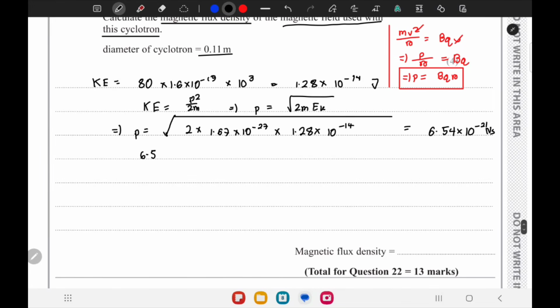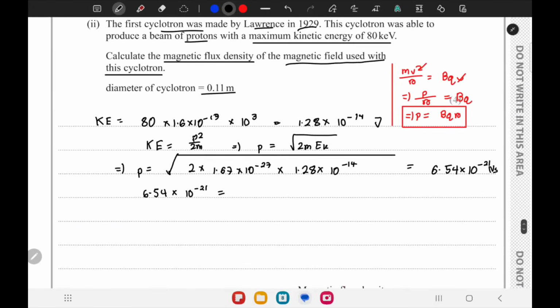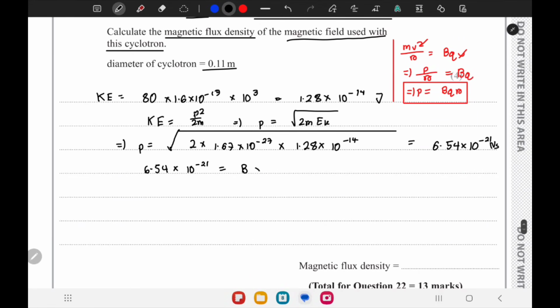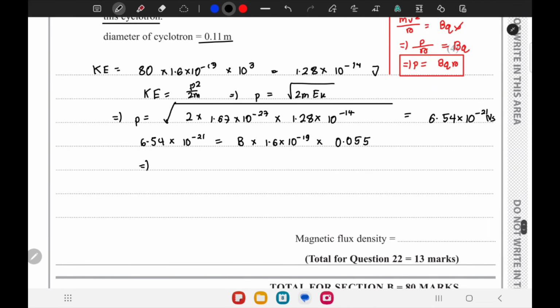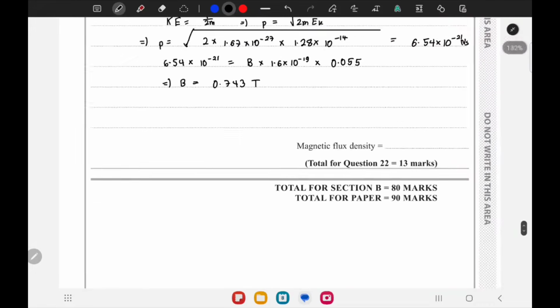So 6.54 into 10 to the power minus 21 would be the magnetic flux density times the charge of protons, so 1.6 into 10 to the power minus 19, and the radius would be 0.11 by 2, so 0.055. From this, if we calculate the magnetic field strength or magnetic flux density B, it would come out to be 0.743 Teslas. And that's it for this paper.